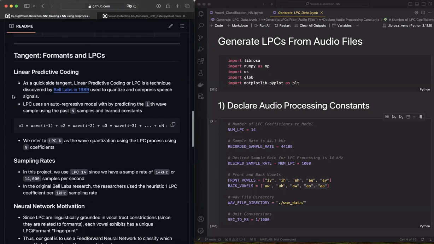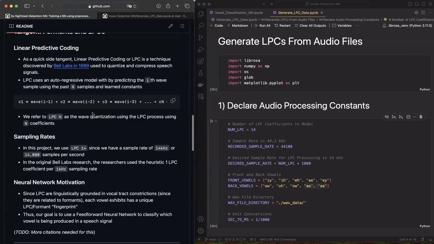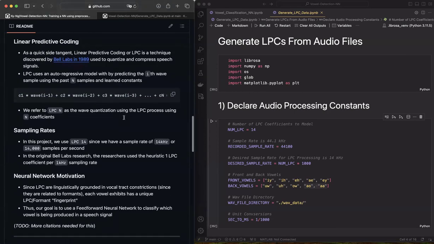LPC stands for linear predictive coefficients, or linear predictive coding, and we use LPCs to approximate a continuous waveform. Our speech signals of vowels are given as continuous waveforms. Our goal is to approximate and quantize them using a few coefficients. Originally, this was used to compress the amount of data needed to reconstruct a waveform signal when sending a continuous speech signal across a telephone line, as discovered by Bell Labs in 1989.